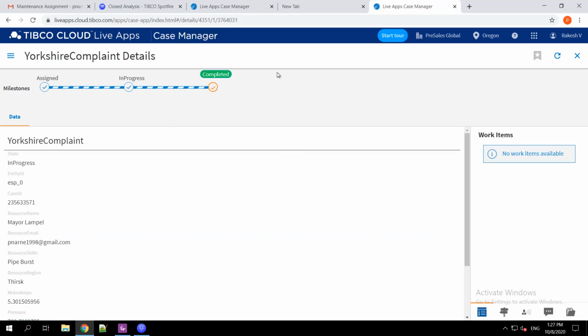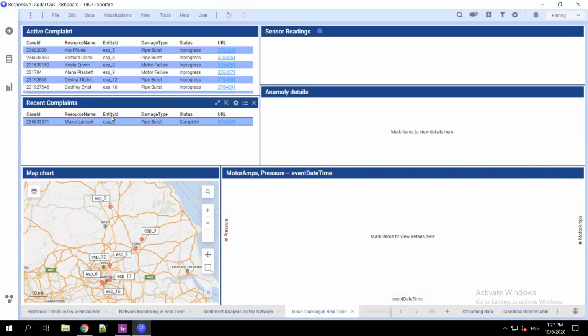Once he clicks on submit, the case gets completed, and the same should reflect in our live dashboard. This was an active complaint earlier, but now you could see that it is a recent complaint which is in status complete.